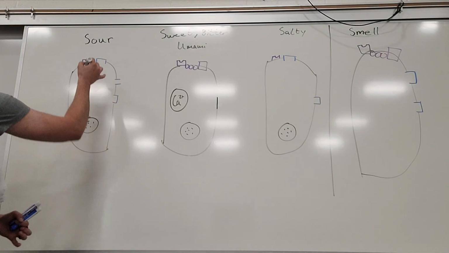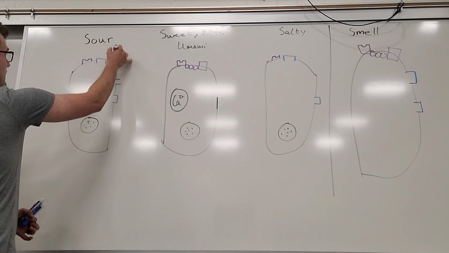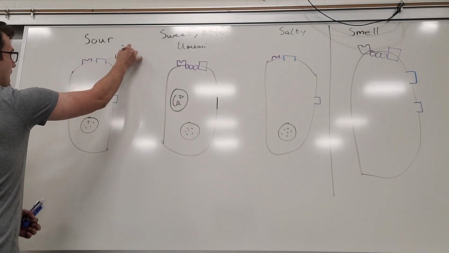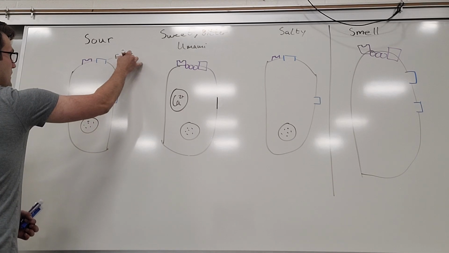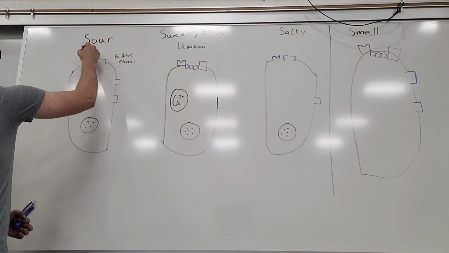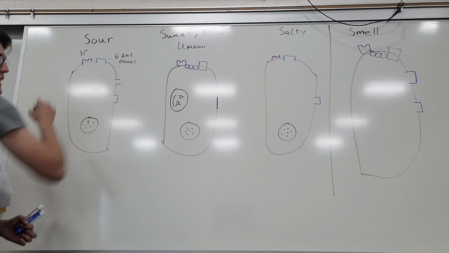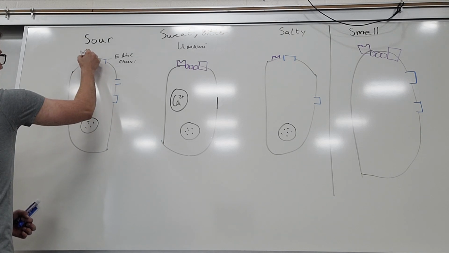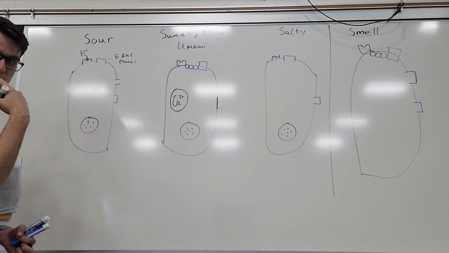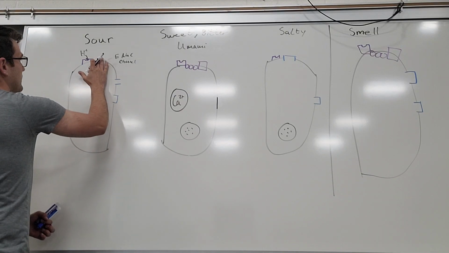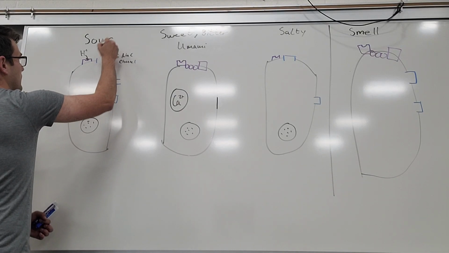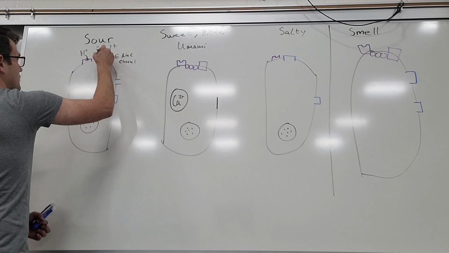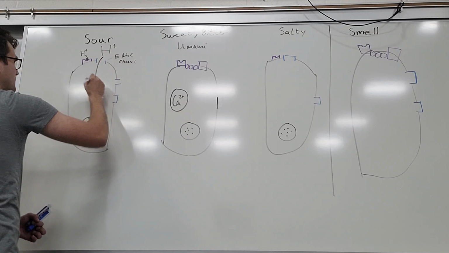For sour to do its thing, we have right here what is called an ENaC channel. Hydrogen ions are going to come in and bind to this receptor, which opens up our ENaC channel, allowing more hydrogen ions to come in.